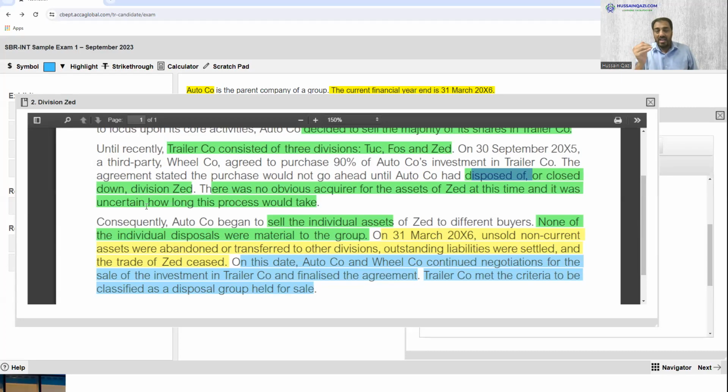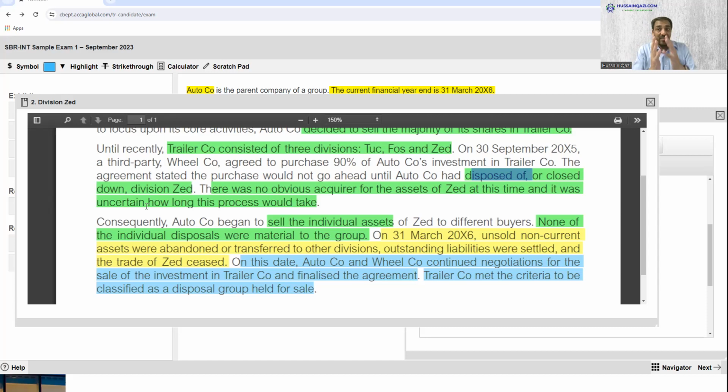For highly probable, some judgment is required, for example, actively locating the buyer, price is reasonable, and a number of other points to support it.